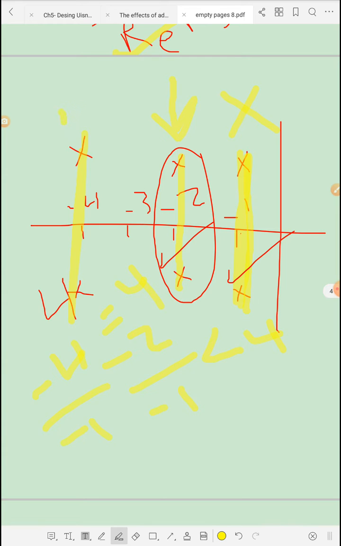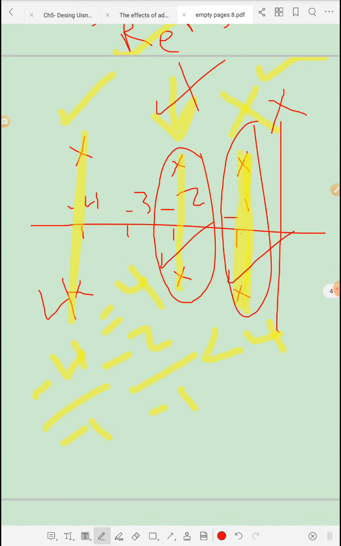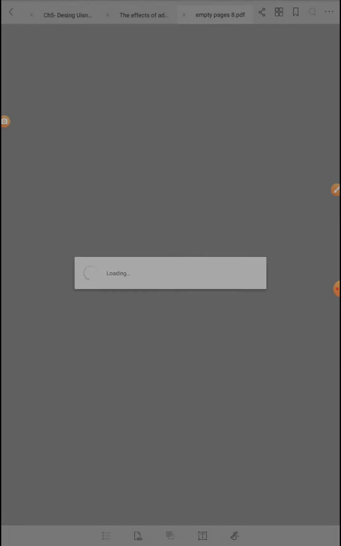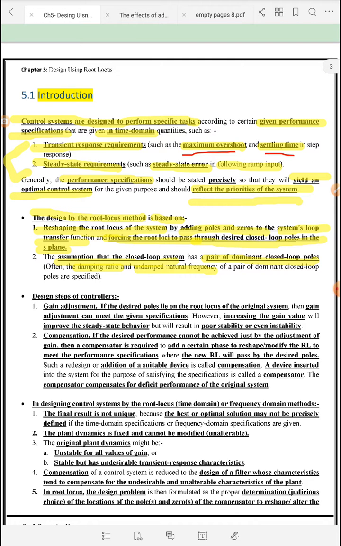In this way, this is non-dominant and this is dominant. But those pair here at about -1 are not dominant, because those complex conjugate poles are close to them and the ratio is less than 4. I wish that by this clarification we have understood what's meant by dominant and non-dominant closed loop poles.